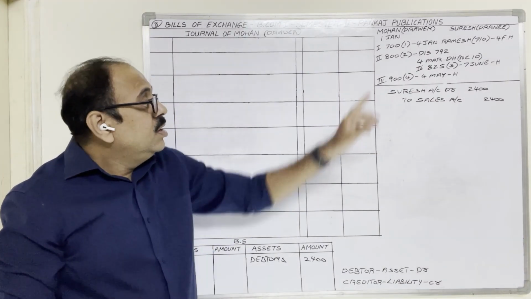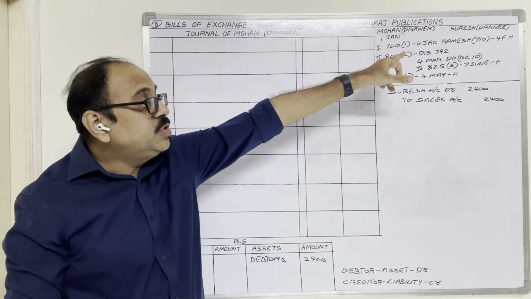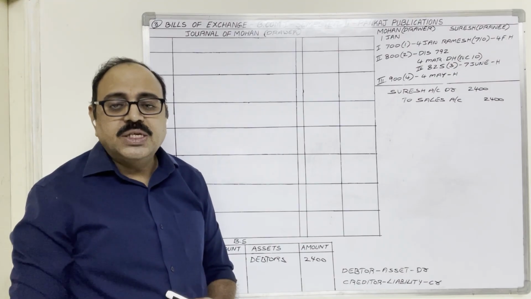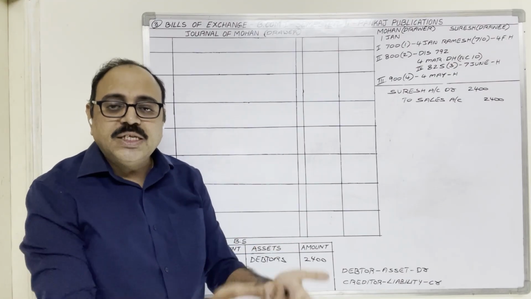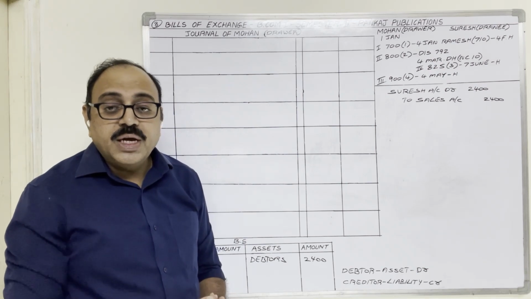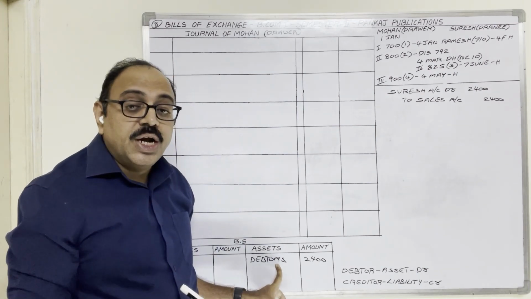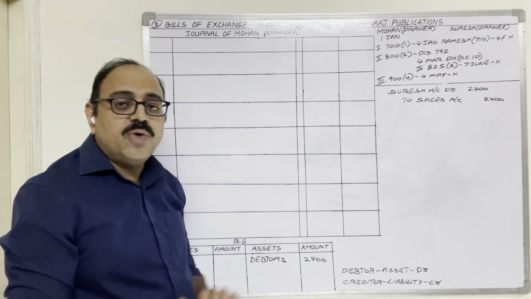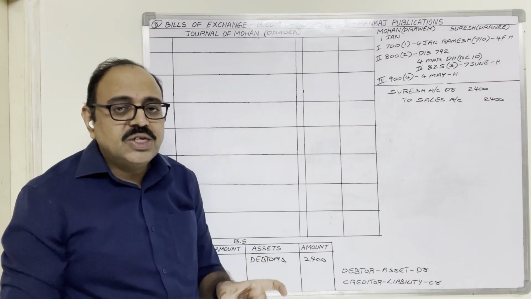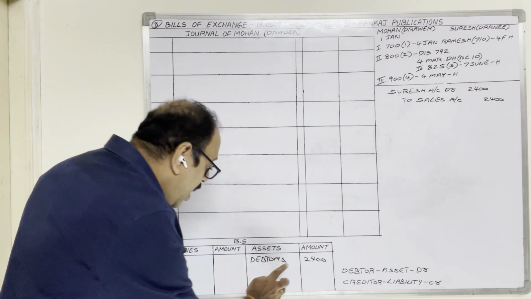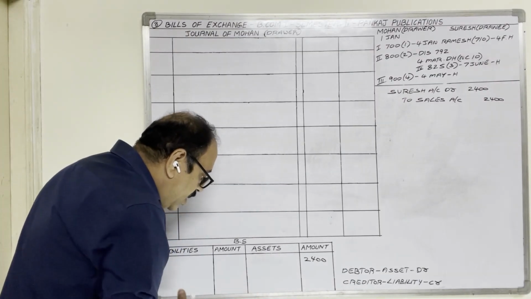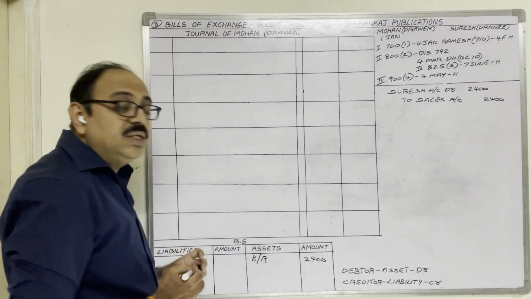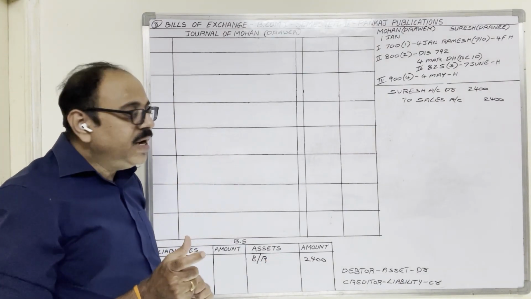Now what happened? Mohan needs a written proof from Suresh for this 2,400. So Mohan prepared a bill. He presented that bill to Suresh. Suresh accepted that bill. So what happened here? The debtor asset is converted into another asset known as bills receivable. So we have to cancel this debtor asset and create a new asset, bills receivable. The debtor account will get cancelled and a new asset known as bills receivable appears in the balance sheet. So how did we create the debtor account?